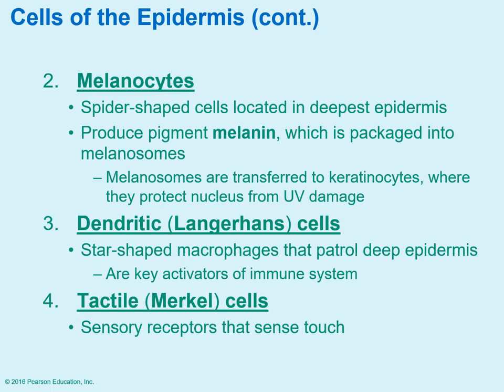There are also melanocytes. These are cells that tend to be a little bit deeper in the epidermis. They produce a pigment called melanin. Melanin is sometimes referred to as nature's sunblock. It's a protective pigment, if you will. UV light has a problem passing through the melanin.